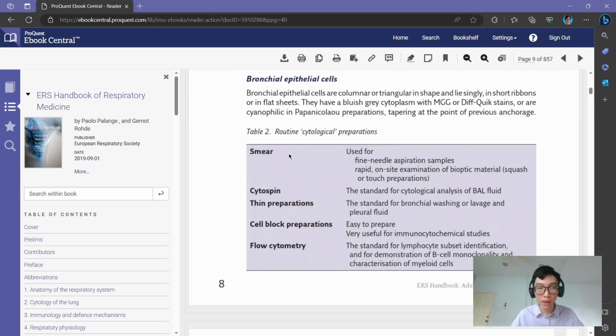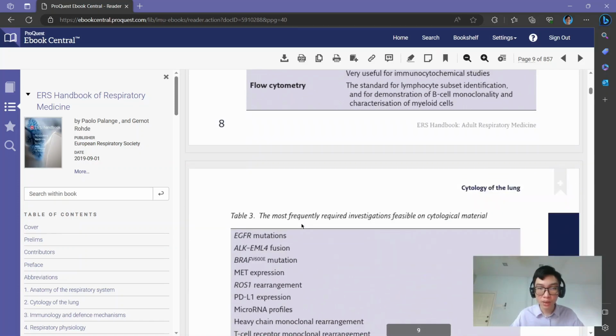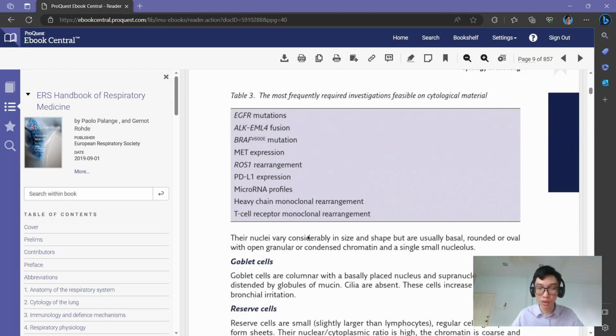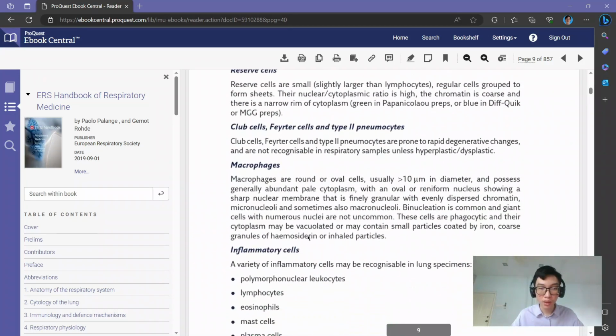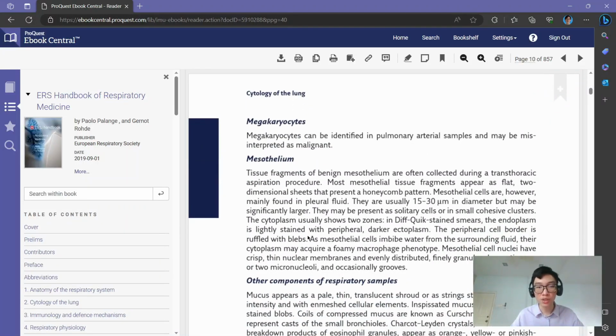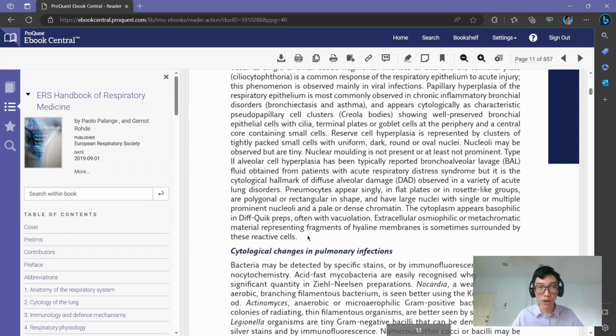They have smear, cytospin, tip preparation, and thin preparations, flow cytometry, and other expressions like the EGFR, BRAF, MET, PDL1 expression, and T cell receptor monoclonal rearrangement. So those are very good for biomedical scientists as well as pathologists so that they know what kind of test they can do for lung samples.